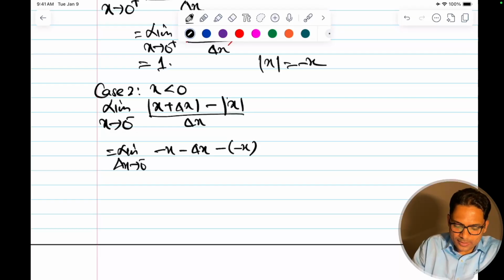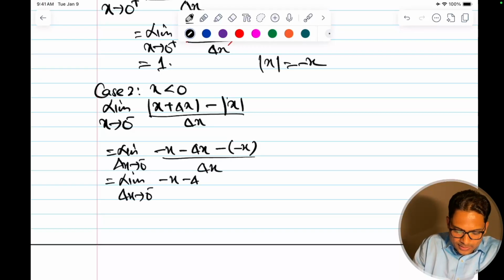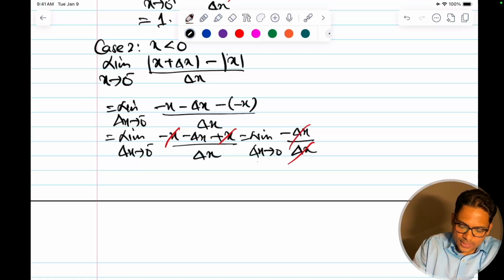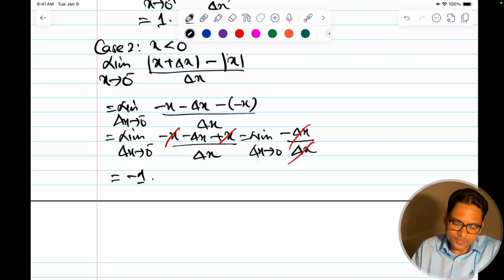I've just opened up the bracket, by delta x. Okay, let me give you one more step. This is minus x minus delta x plus x by delta x. So this minus x and plus x will get cancelled, and this will give you limit delta x tends to 0 minus delta x by delta x. These two get cancelled, and finally you will get this is equal to minus 1.